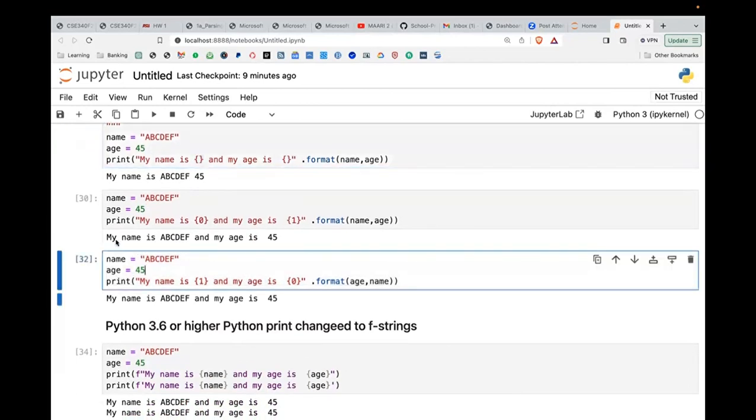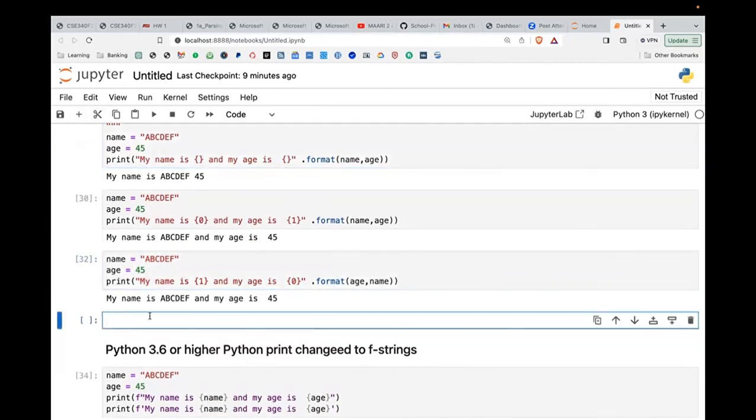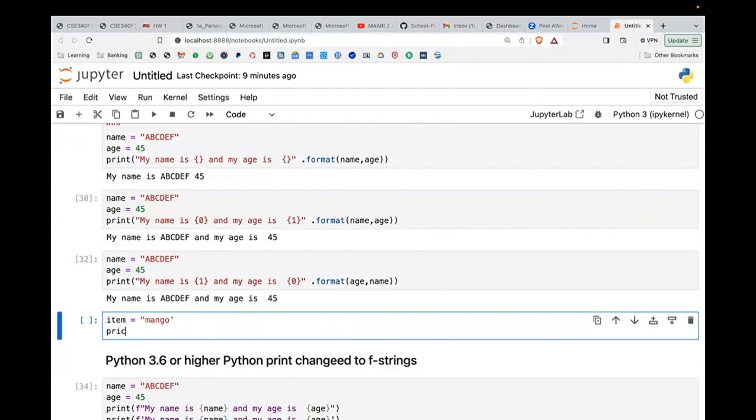What is the way? You can learn it here. Suppose you have an item called mango. What is the price of mango? I will say the price of mango is 12 point and this particular value.